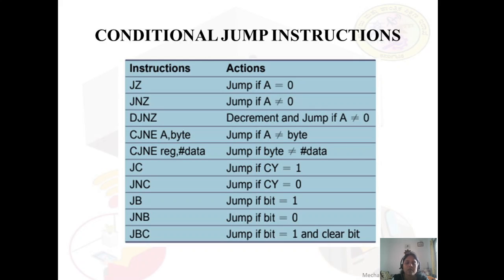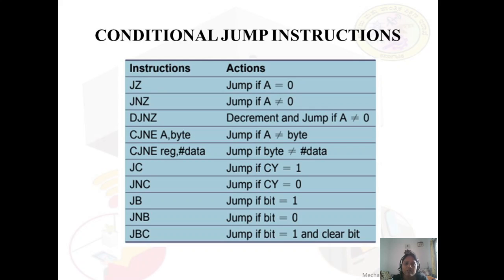Remember that. Then DJNZ, that is decrement and jump if not equal to 0. Next CJNE A comma byte, jump if accumulator is not equal to the byte. CJNE register comma immediate data, jump if byte is not equal to immediate data.